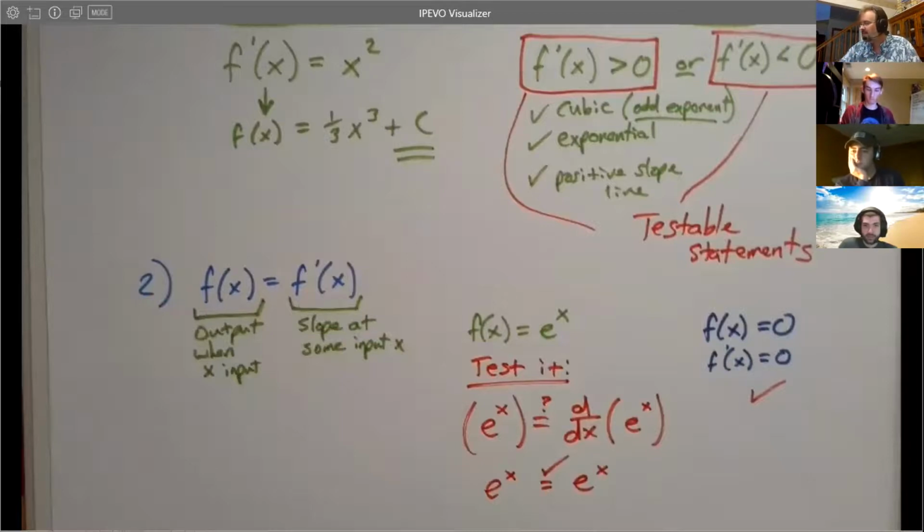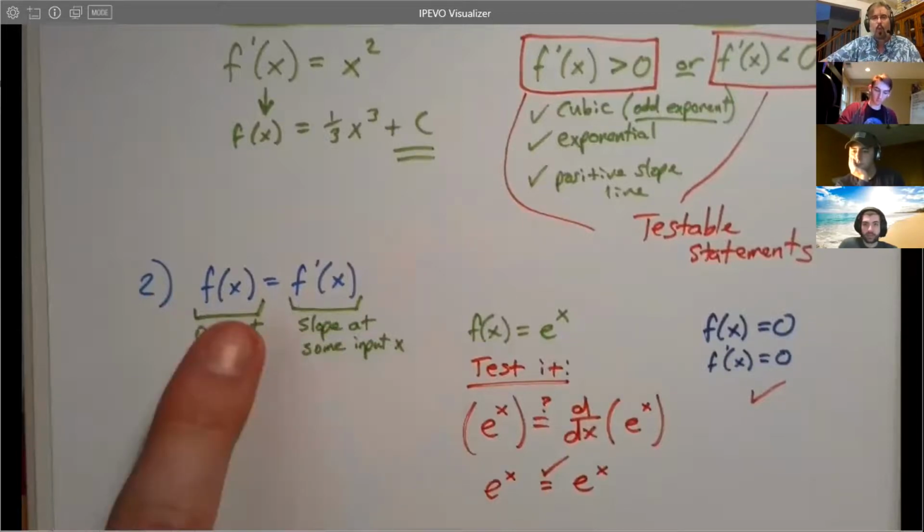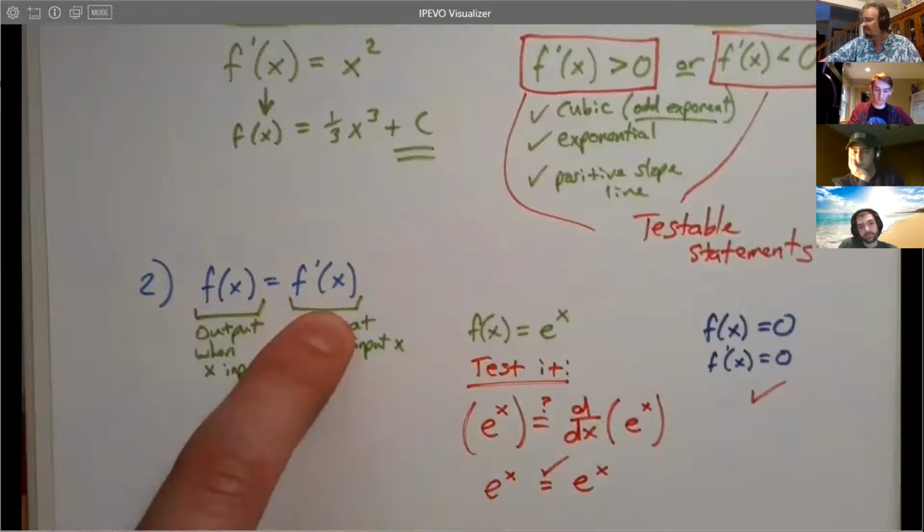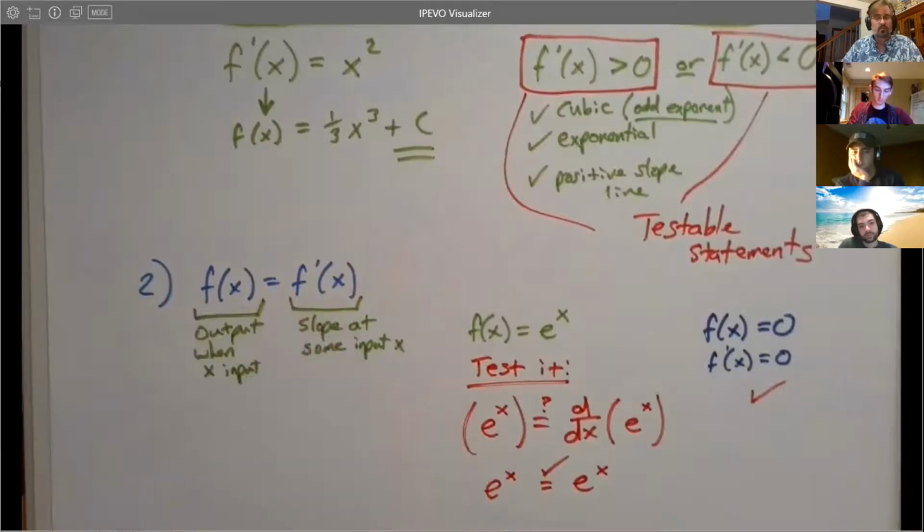I might look at this and say, oh, this is the y value at some x value, and this is the slope at some x value. And that's the way I read this equation. You might look at it and read it completely differently and say, okay, there's just some function, some machine that's its own derivative, right? Both perfectly valid ways of interpreting. Both involve the derivative, but thinking about the derivative in different ways.